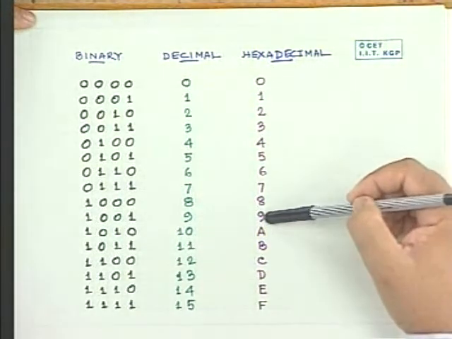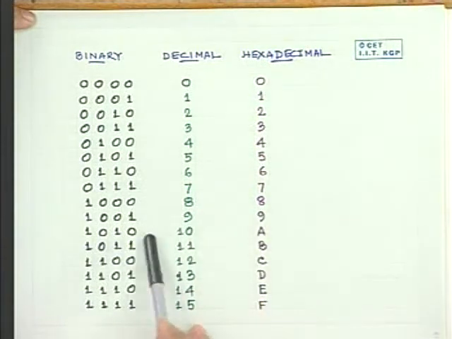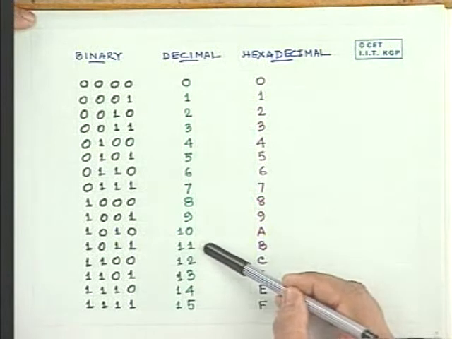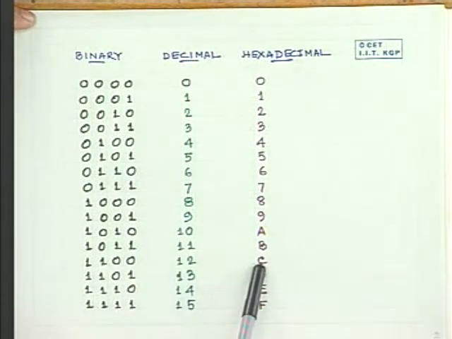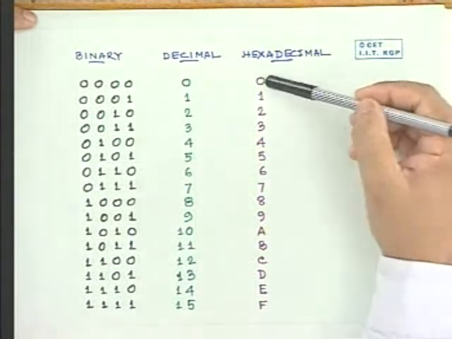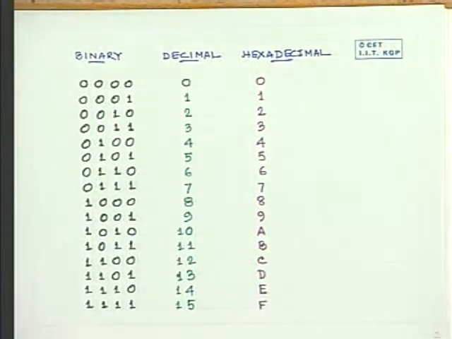Up to 9, we keep the characters the same, and 10 is represented by A, 11 by B, 12 by C, 13 by D, 14 by E, and 15 by F. The hexadecimal characters are from 0 to F.